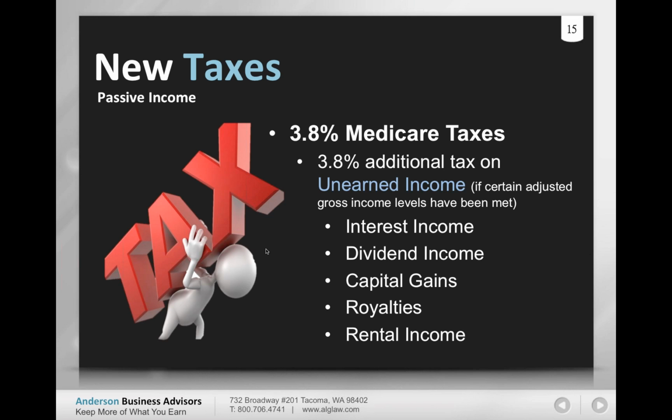We had to have so many hours of service that we had documented, the 750 hours plus per year, that more than 50% of our working time was devoted to the occupation of real estate, and also that we met the difference between the active and material participation, but with that we met that material participation. So all of a sudden, it's like, okay, I'm a real estate professional, so this doesn't count.